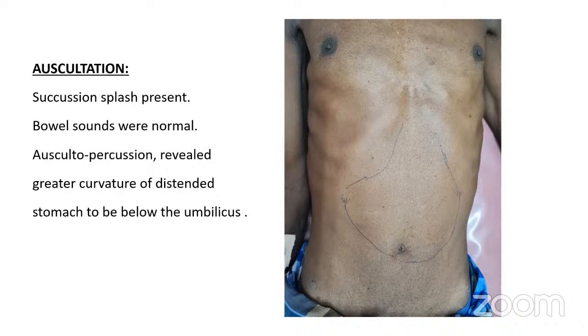And it also gives a clue as to the possible etiology of this distension. So it's very important. This distensibility of the stomach, marking it, some people consider it to be not so great a test, since we have beautiful ultrasound and CT, but it gives a lot of information to the surgeon. I think it has its own importance.